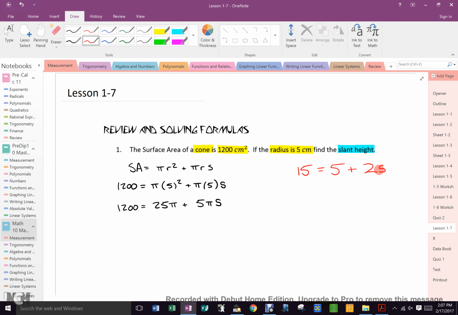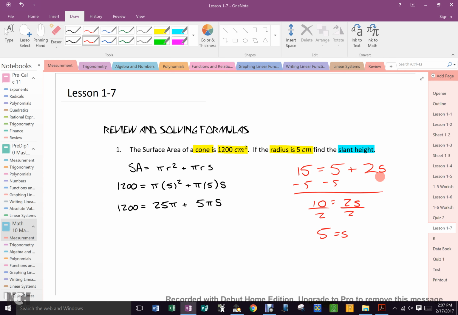And what you would do would be something like this. You would do minus 5, 10 equals 2S, divide by 2, and S would equal 5. Right? Excellent. So everybody can do that. But when I say do that over here, all of a sudden people start screwing it up. Why? What's different over here? I'm asking you what is different about what I wrote in black from what I wrote in red that might mess a kid up.